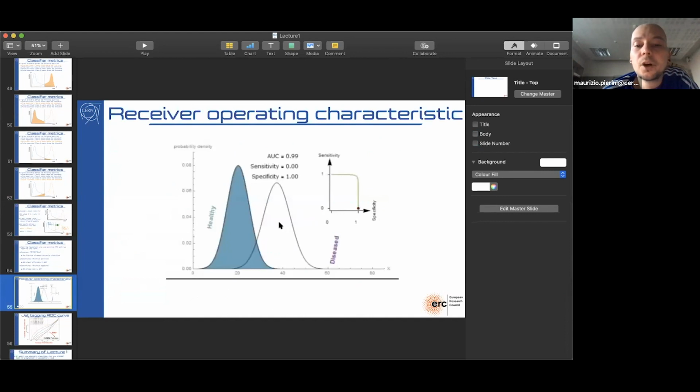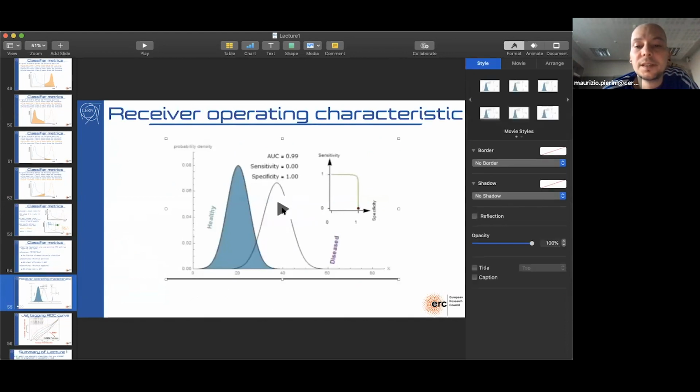But the most common thing that people do is that they move the threshold, and while they move the threshold, they record the dependency of the true positive rate, sensitivity, on the false positive rate, specificity. So your ideal tagger is a tagger that accepts 100% of your signal and rejects 100% of your background.